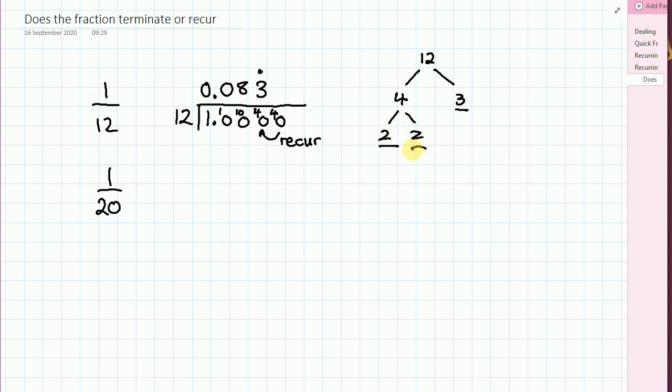Now these primes actually tell me two things. Number one, the 3 being there tells me that it cannot be a terminating fraction. The prime factor 3 says it recurs.